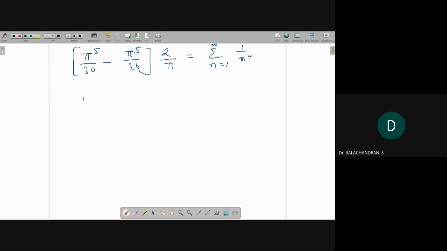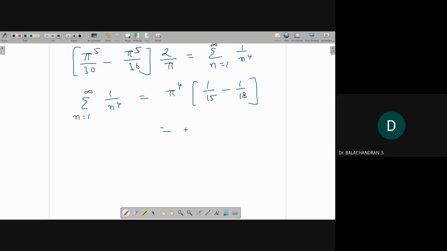So from this, we can take pi power 5 by pi is pi power 4, into 1 by 30 is 15, minus 1 by 18.